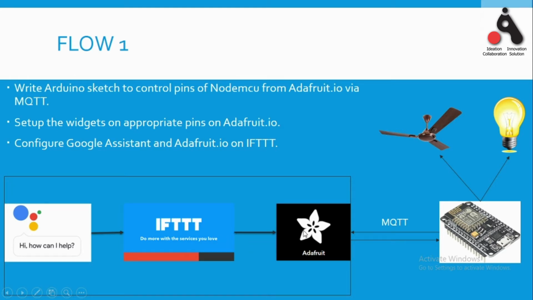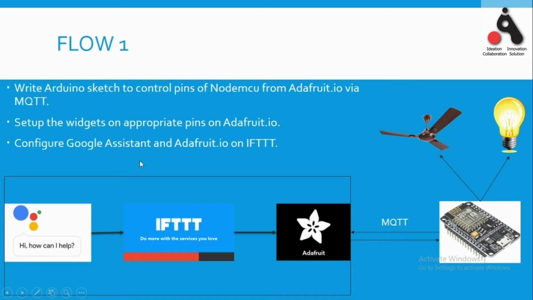Basically in this case I am going to send some predefined data, like for a light I am going to send 1 to a specific feed, or we can say topic, because in Adafruit.io we are using MQTT, and we can use HTTP as well. We will see that in the second flow. This is the first flow.